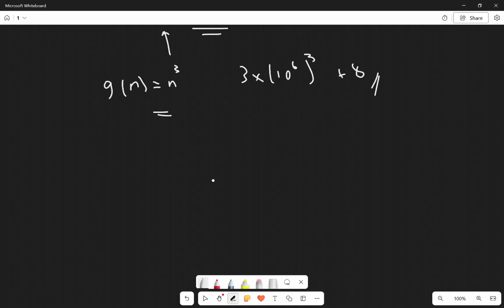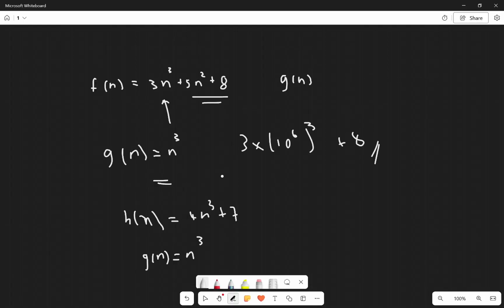Let's say that there's another function, let's call it hn. That one is n cube plus 7. For this also, if you're about to find the gn, it will be n cube.